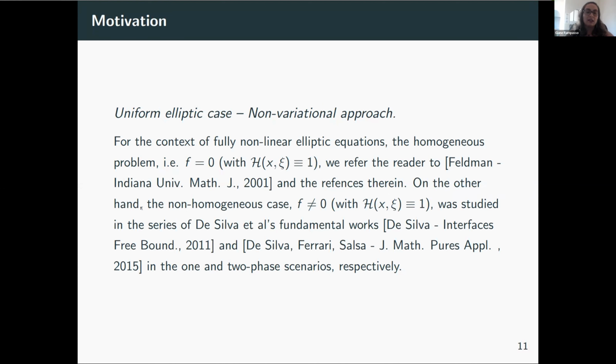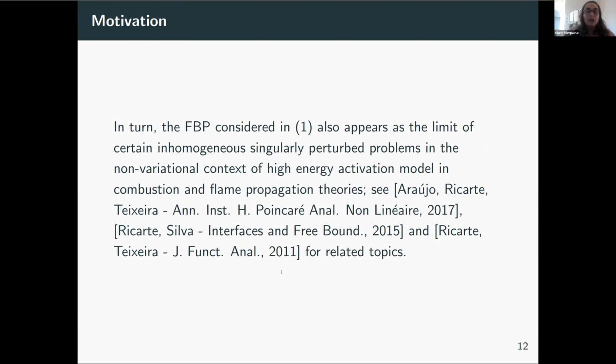On the other hand, the non-homogeneous case, meaning that f is different from 0, was studied in a series of fundamental works by da Silva and others, like da Silva, Interfaces and Free Boundaries, 2011, and da Silva, Ferrari, Salsa in 2015, both in the one- and two-phase scenarios.